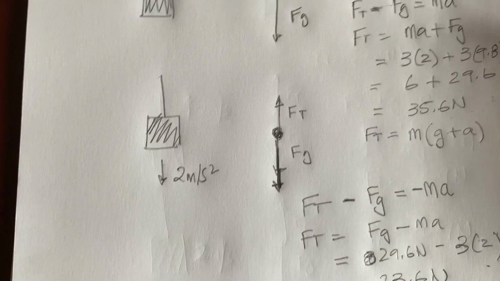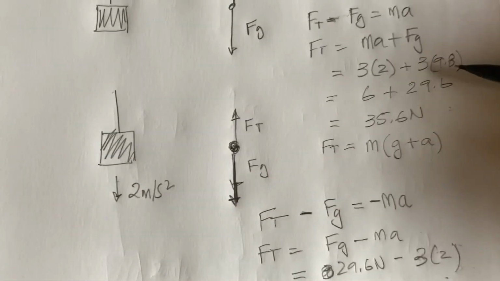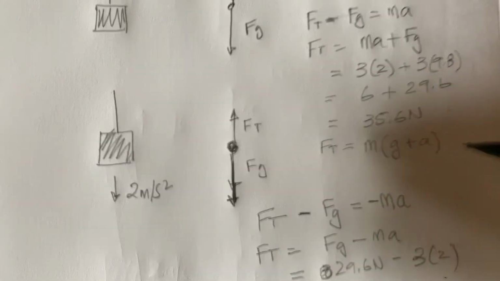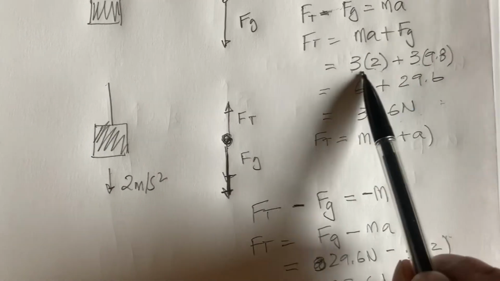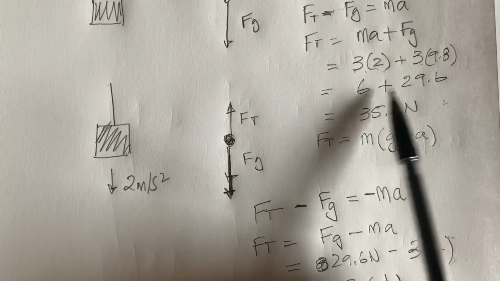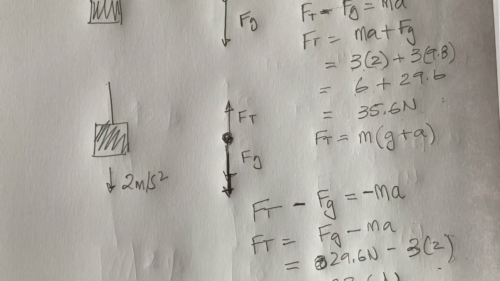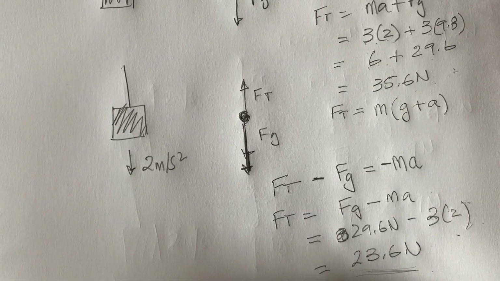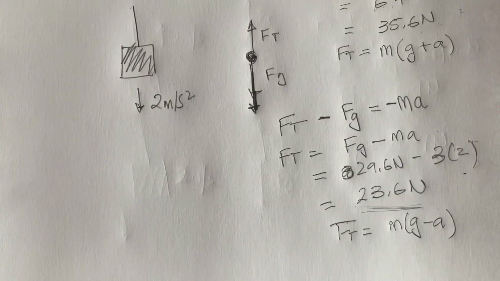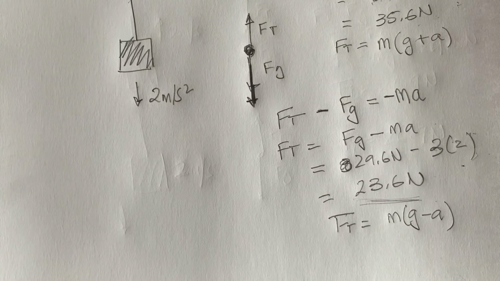It doesn't look necessarily the same way that I wrote it down here, but you can see that if I were to take the mass and pull it out as a common factor, I would just get g plus a. And then the force of tension when it's being released downwards will just be m times g minus a. So that's a convenient way to remember these and be able to figure out the tension on your string as it's being lowered or made to go upwards.